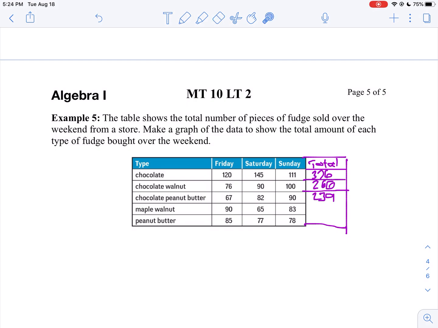Let me double check that again. 90 plus 82 would be 172. 172 plus 67 would be 239. Okay, next row. 90 plus 65 plus 83. If I add 65 and 83, I'll get 148. Plus 90 would be 238. So those are very, very close, aren't they?